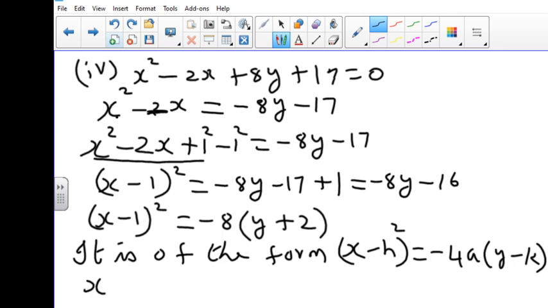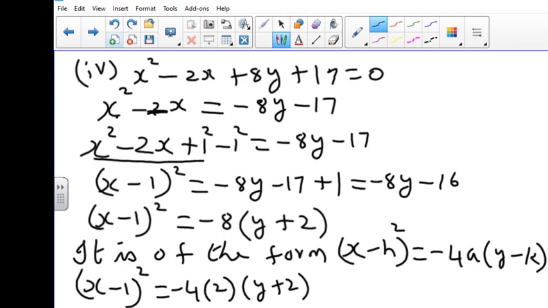So it is x minus 1 the whole square is equal to minus 4 into 2 into y plus 2. Therefore, h comma k is equal to 1 comma minus 2 and a is equal to 2. So now we have to find the vertex, focus, the equation of directrix and the length of the latus rectum.